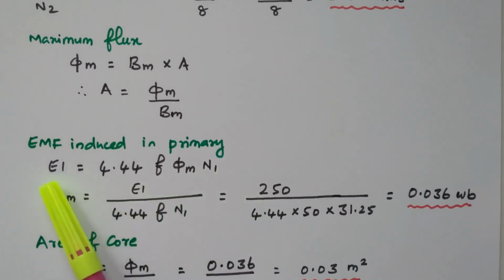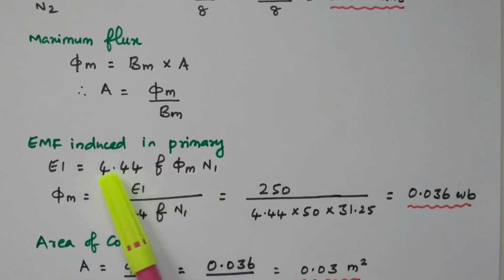In this, all the values are available: E1, f and N1. So, we can find the phi m value by rearranging, bringing these parameters to the denominator. So, phi m equal to E1 divided by 4.44 f N1.